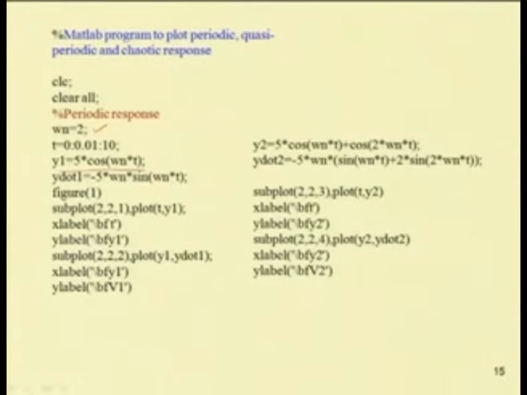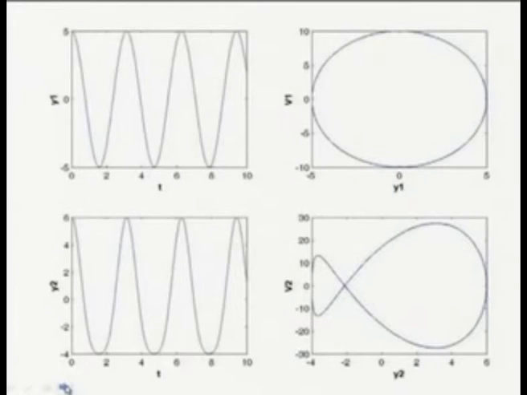By plotting, one can see the plot, and later we can also show this plot by running this program. This is for y equal to 5 cos 2t. By taking y equal to 5 cos 2t, one can find the response, and the corresponding phase portrait one can obtain as a closed curve.